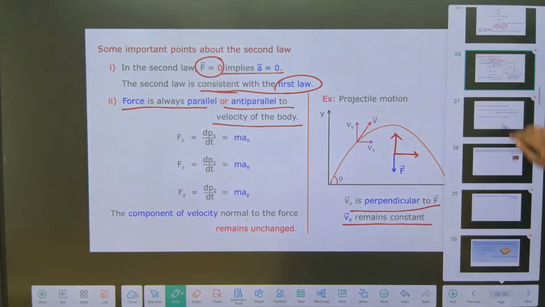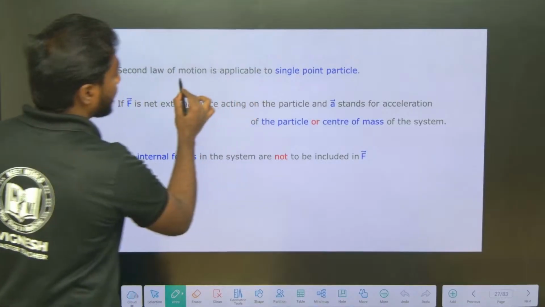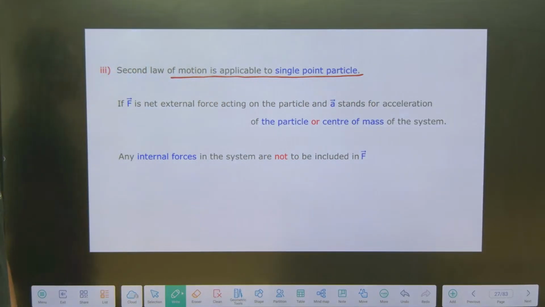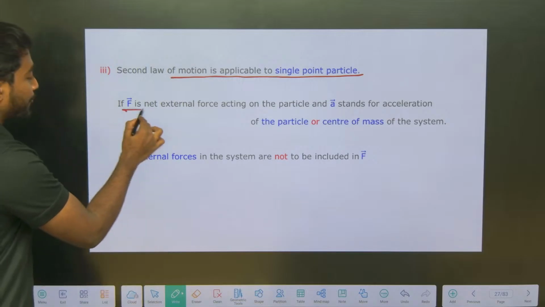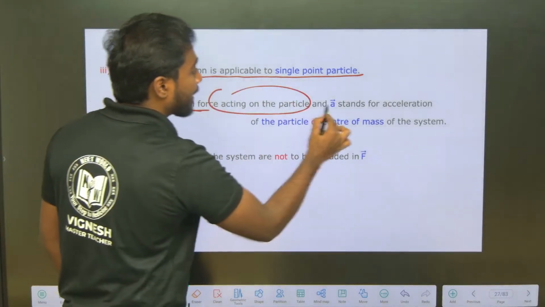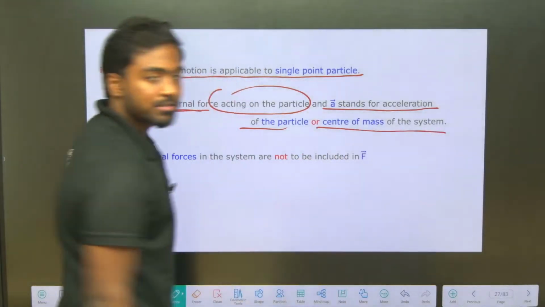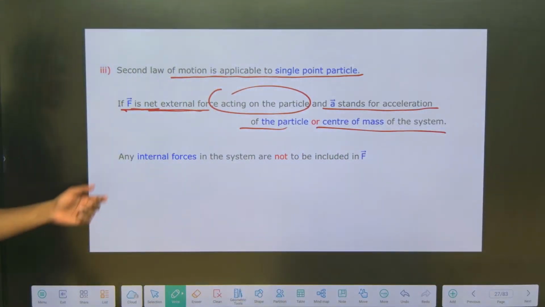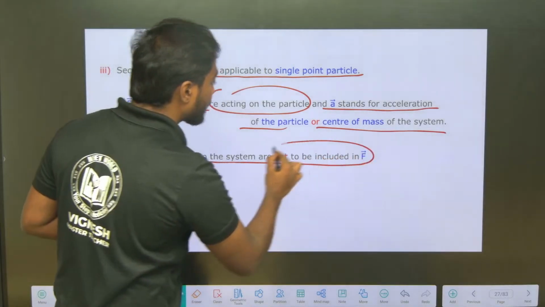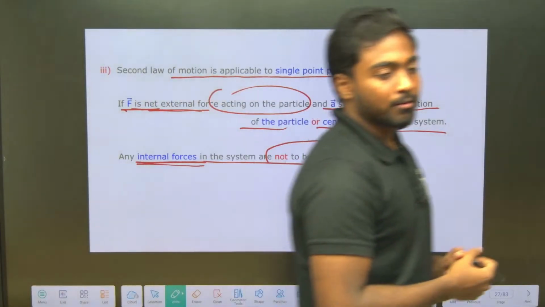Done. So, next point: the second law of motion is applicable to a single point particle. If F is the net external force acting on a particle, and A stands for the acceleration of a particle or center of mass of the system, of course, any internal forces in the system are not to be included in F. This is the third point.